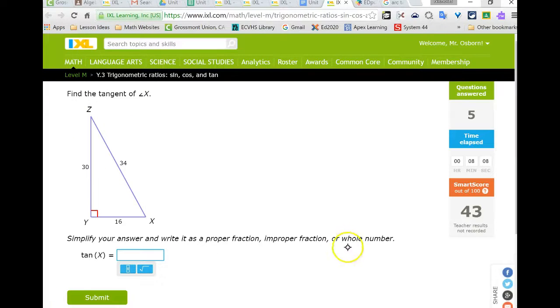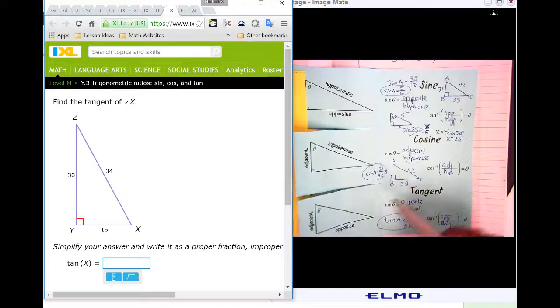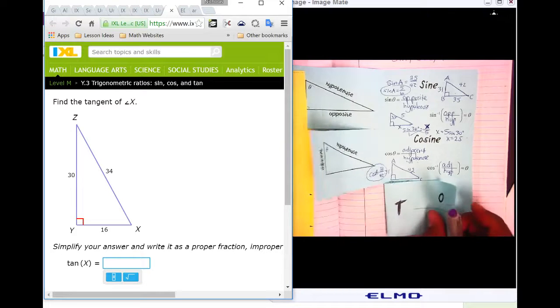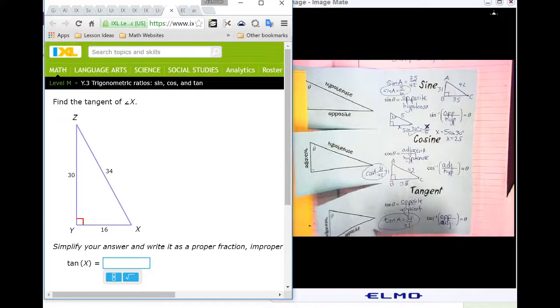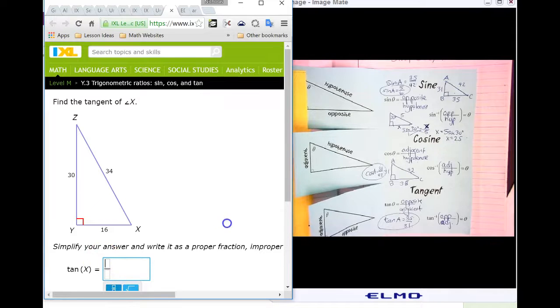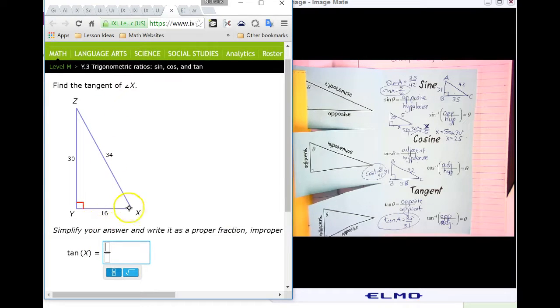In this example, it took me about 40 points to get to a tangent example. With tangent, again, remember it's opposite over adjacent, or TOA, O over A. So opposite over adjacent: the tangent of X, the opposite of X is 30, and the adjacent is the number right next to it, which is 16.